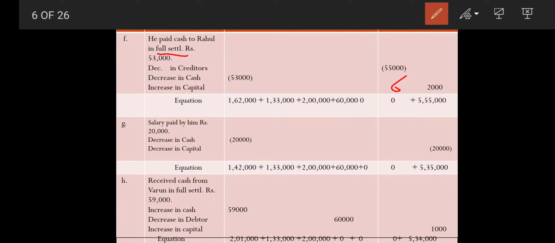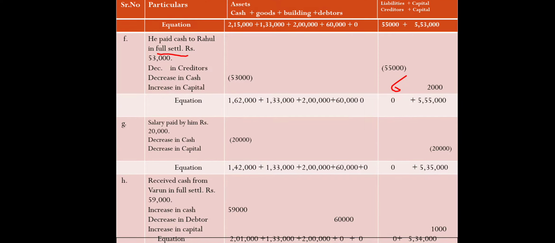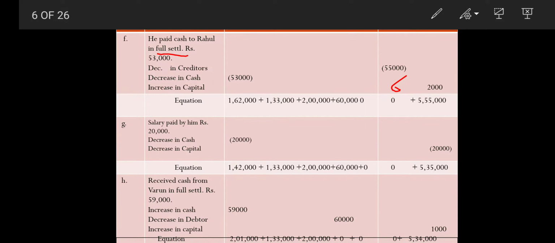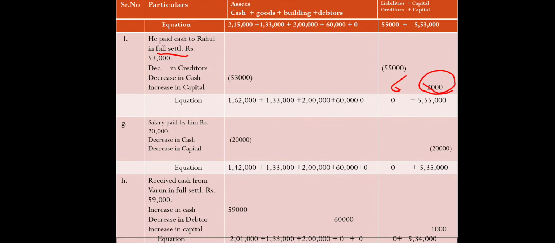The words full settlement are important here. When full settlement is given, it means the payment is done in full. The difference of 2,000 is termed discount, discount received. Discount received is income, so we are going to increase our capital.